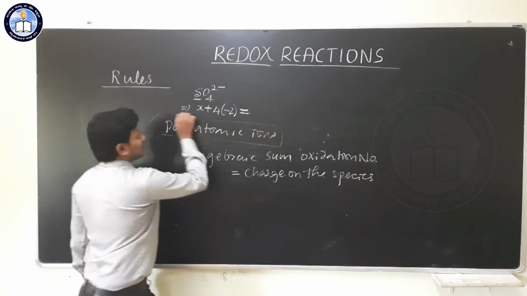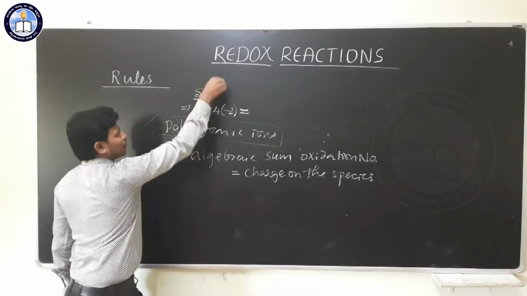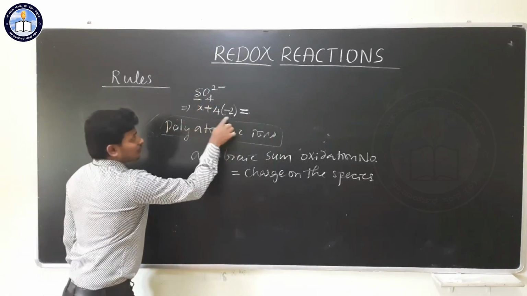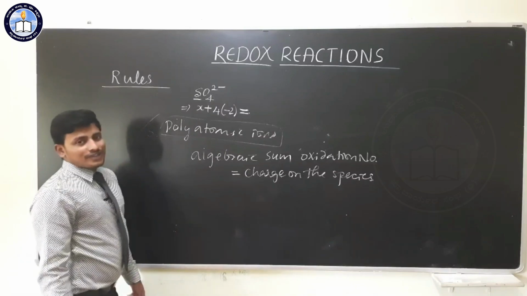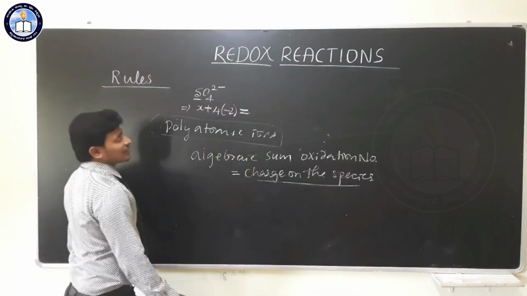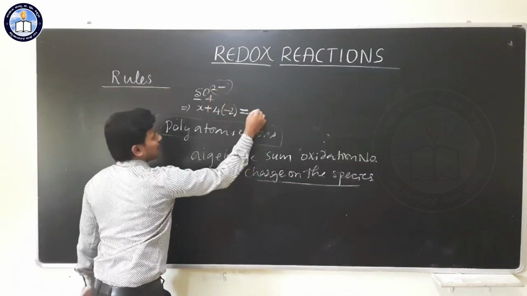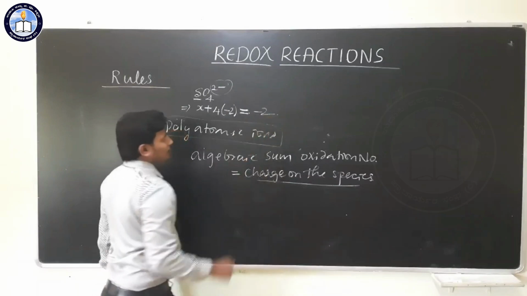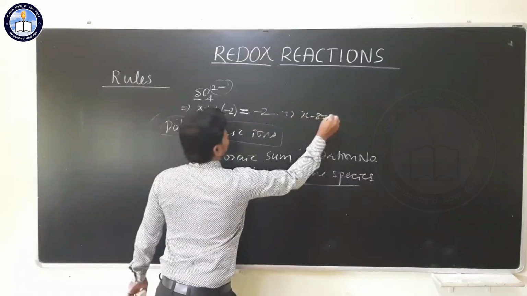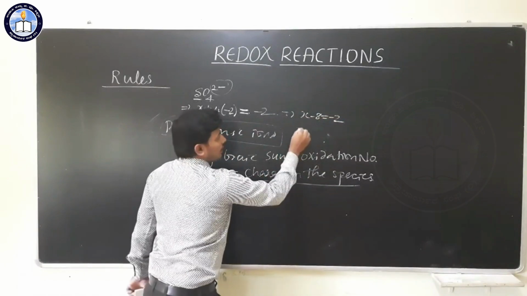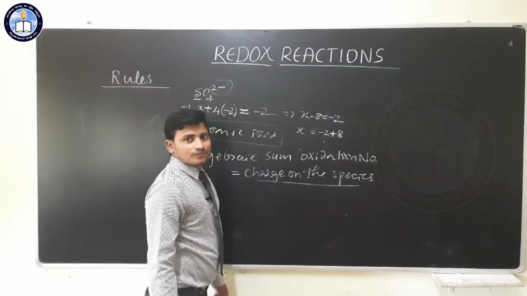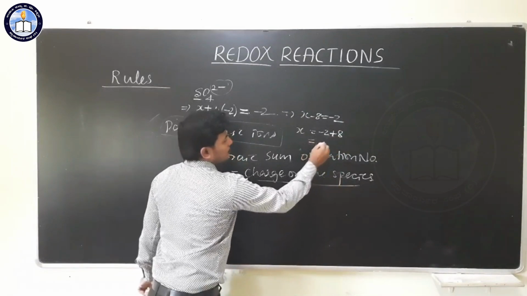Polyatomic ion means many atoms in an ion. In that case, the sum of the oxidation numbers is equal to the charge on this species. What is the charge on the species? It is 2 minus, write it here and go for calculation. X minus 8 equals minus 2, X equals minus 2 plus 8, hence X equals plus 6.